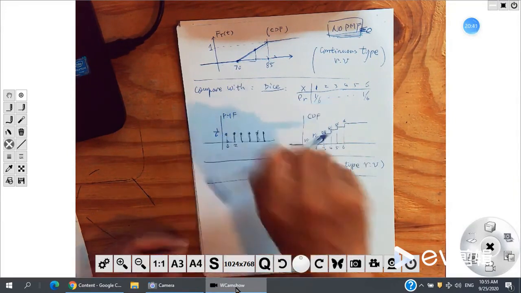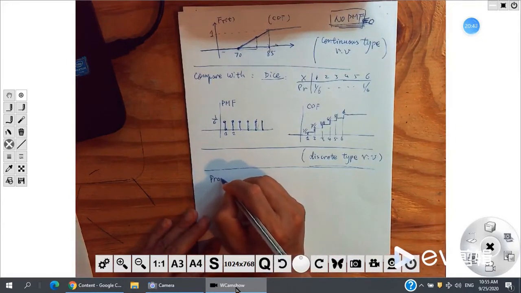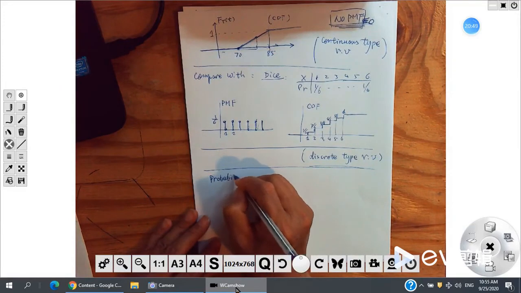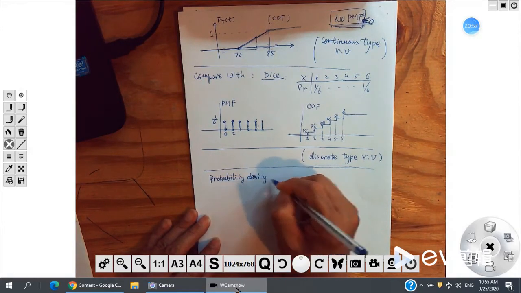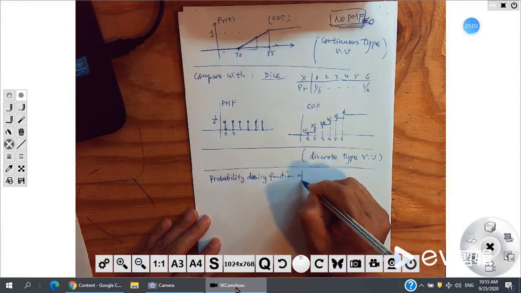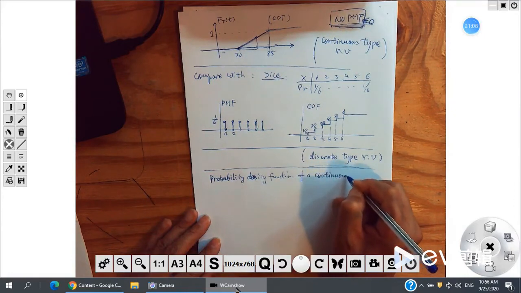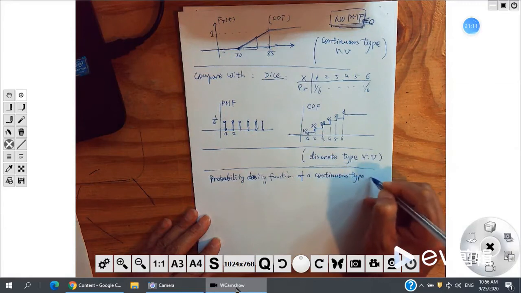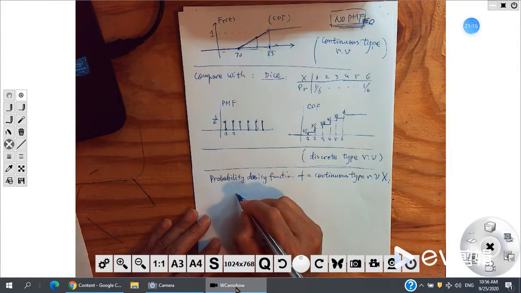Now we have a similar thing. We have the probability density function of a continuous type random variable, say X. It is written as lowercase f, subscript capital X, of x.